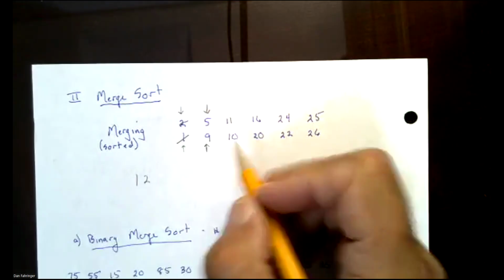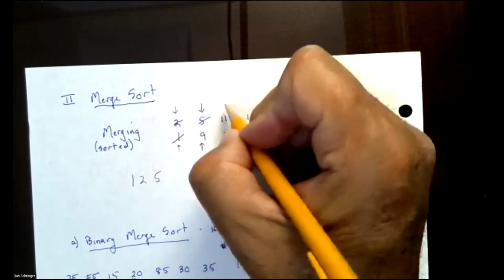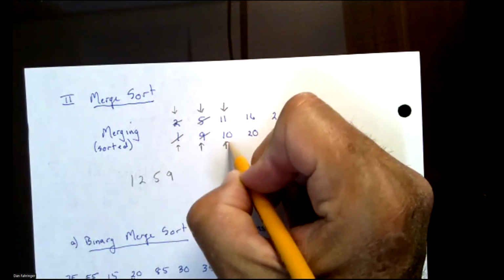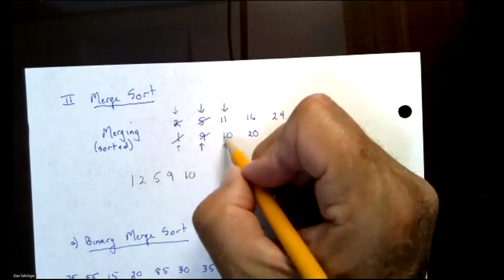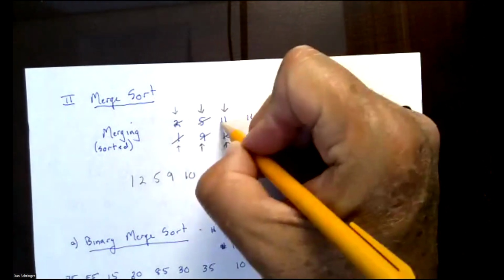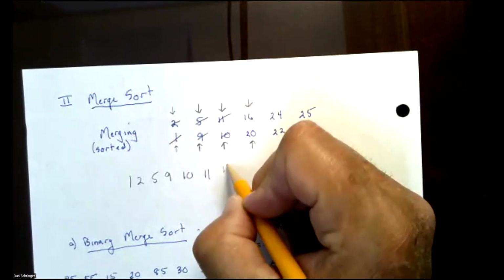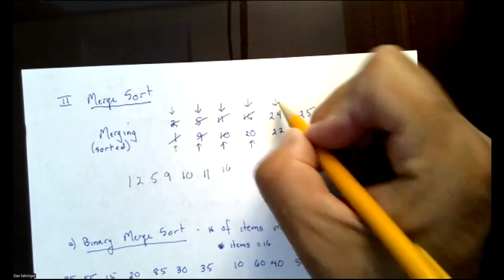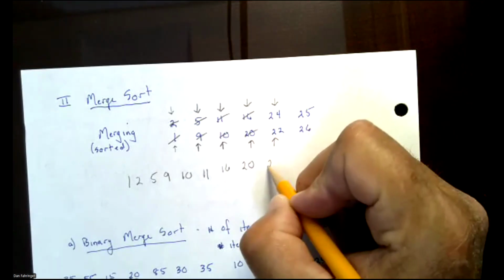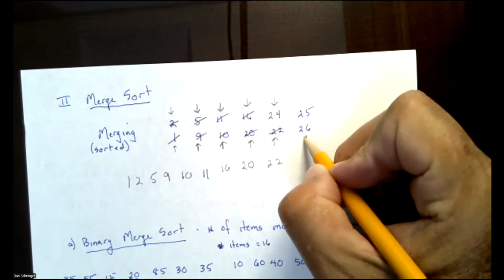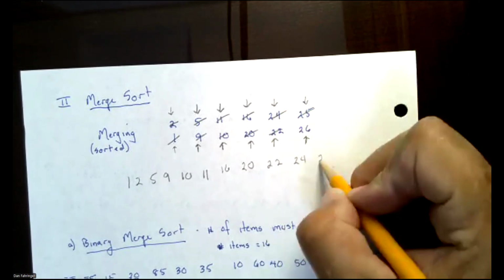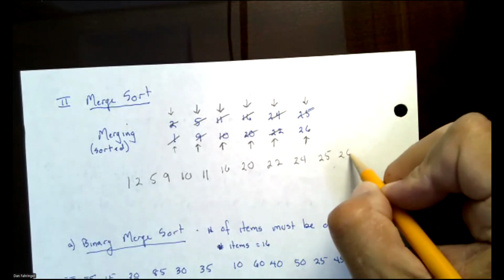Move over to 5. 5. 9. 10. 11. 16. 20. 22. 24. 25. And 26.